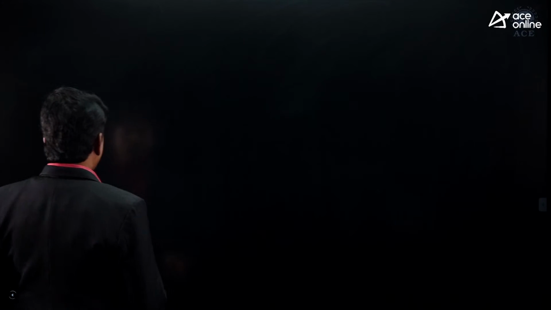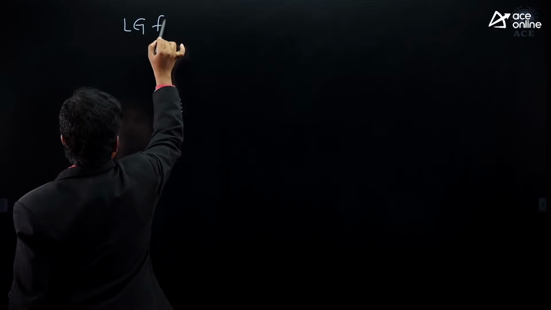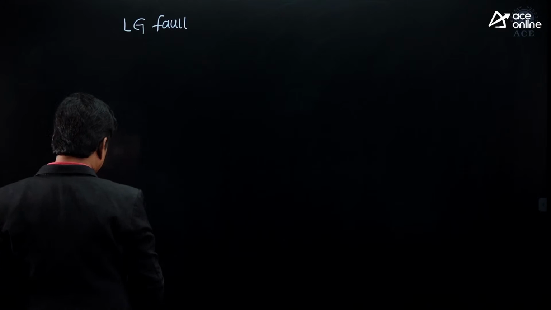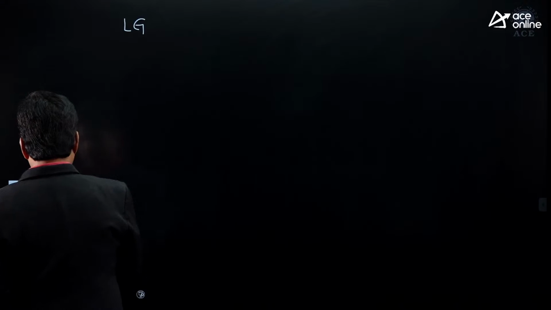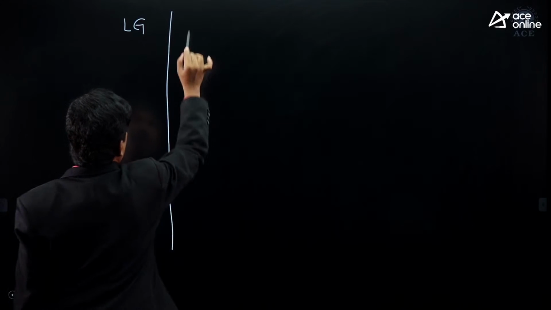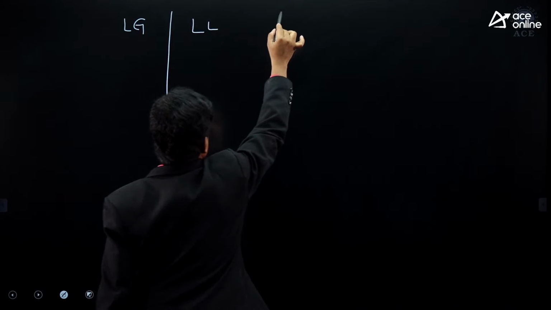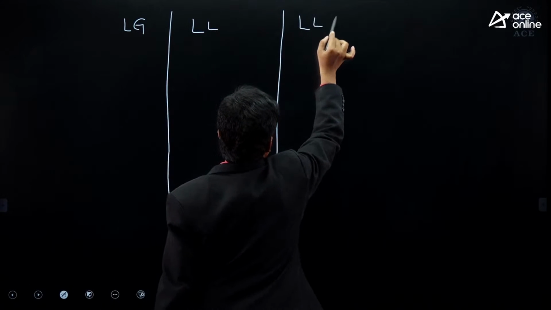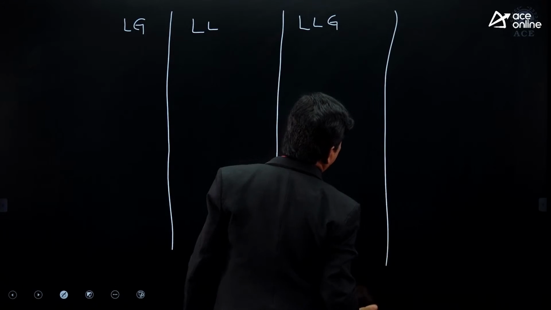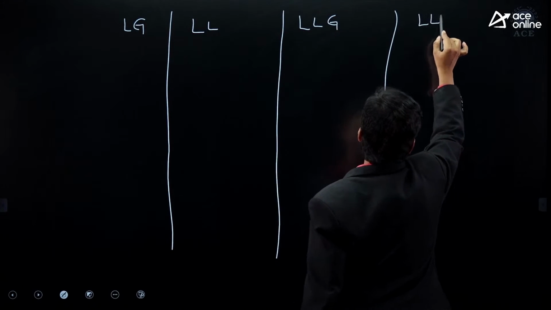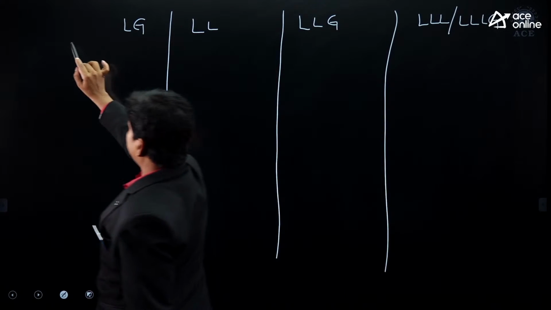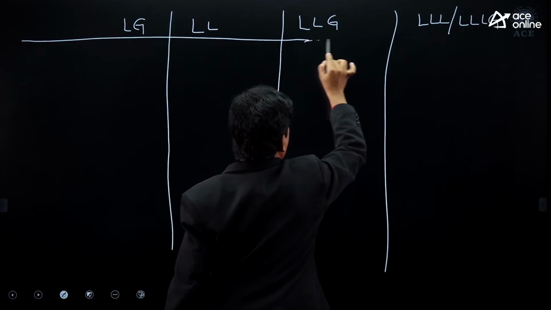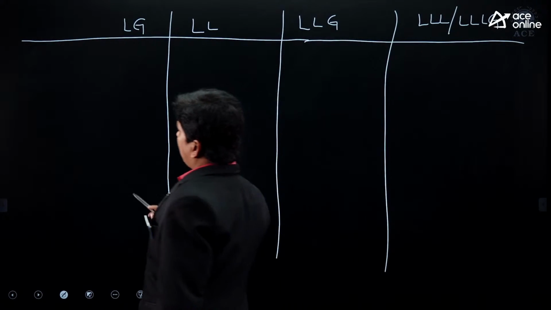See here, coming to LG fault, and next one is LL fault, and next one is LLG fault, and next one is symmetrical, triple L or triple LG, any fault we are having. I will write some current equations here.